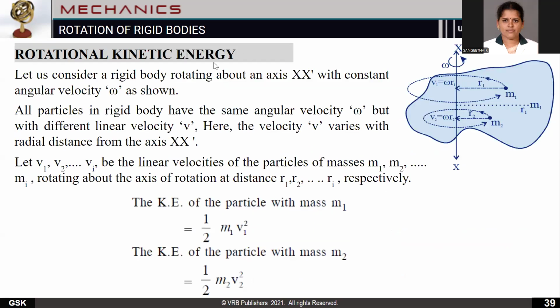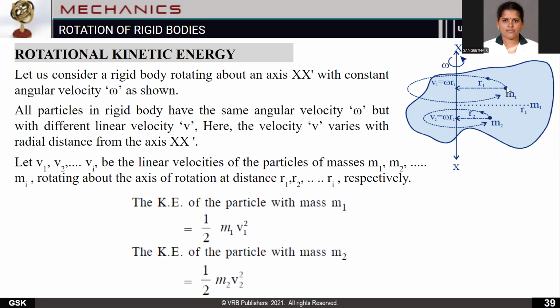Now we come to the main part, the rotational kinetic energy of a rigid body. Here we consider a rigid body. This rigid body rotates about an axis x dash with a constant angular velocity, that is, the velocity of rotation is the same. All the particles in a rigid body will have the same angular velocity, but the linear velocity varies. We know that linear velocity v is equal to omega r, where r is the radius.